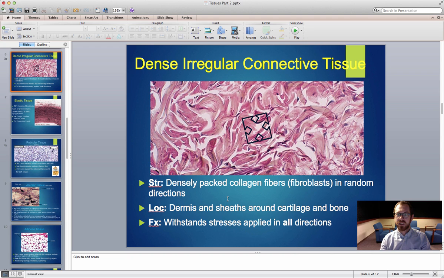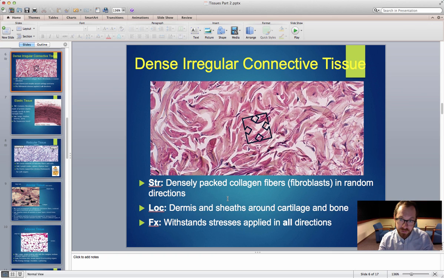An ACL tear is a pretty devastating injury. You can surgically repair it, but you'd rather not have to do that, right? So why not have dense irregular connective tissue at our knees? We would be able to prevent any ACL injury if we had dense irregular connective tissue because we could do whatever we want with it, right?